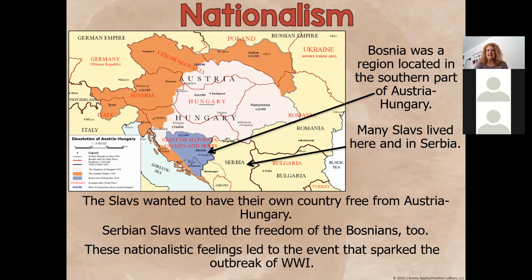If you look at Bosnia, it's located in the southern part of the Austria-Hungary Empire. A lot of Slavs live here and in Serbia. They want their own country that is not part of the Austria-Hungary Empire. They want the freedom of the Bosnians too.